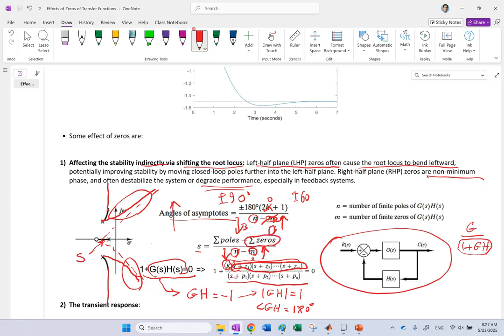If the zeros are on the left hand side, then some of them are going to be negative numbers. The negative of that is going to make it a bigger positive number, right? So you see the effect is because of two things, the number of zeros and their locations. For instance, I had a system where the poles were at -1 and -2, right? And no zeros. And the intersection point was -3/2.